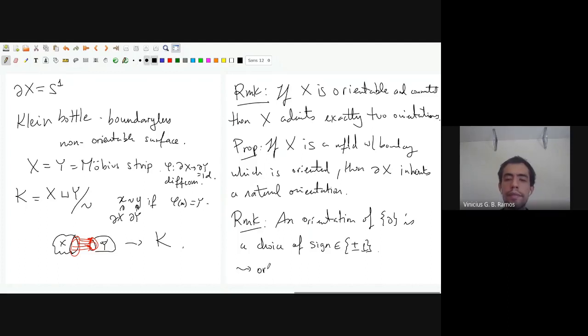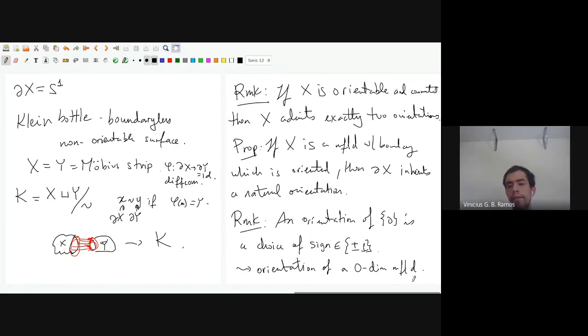So a zero-dimensional manifold is a disjoint union of points, and the tangent space of a point is just a zero-dimensional vector space.